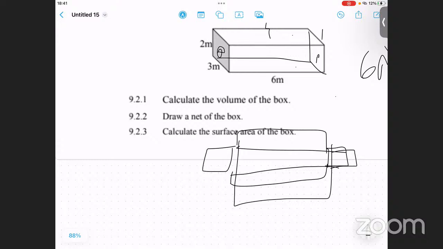So what you're going to do is say 4 multiplied by length times breadth in brackets, because you want to get the surface area of just this side. And then you multiply it 4 times, because we have 4 shapes that are exactly like this first one. Do you guys get my point?